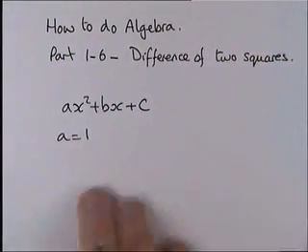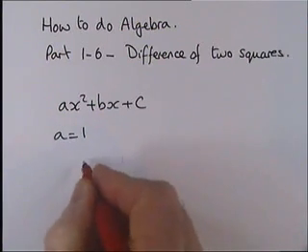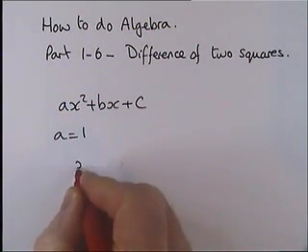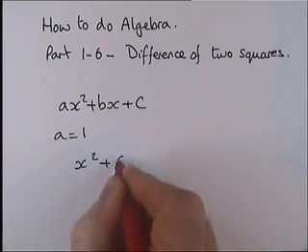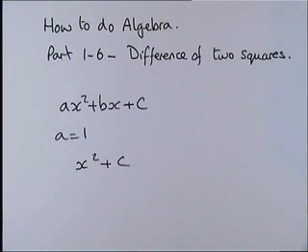In all the examples we looked at, b was not 0. If it is 0, we get something of the form x squared plus c, because that bit's 0, if we just consider a to be 1 to begin with.